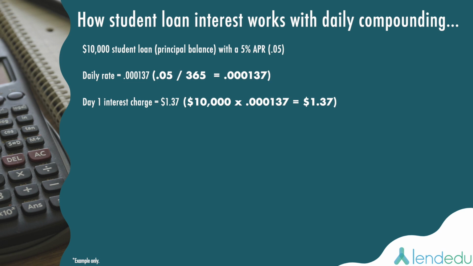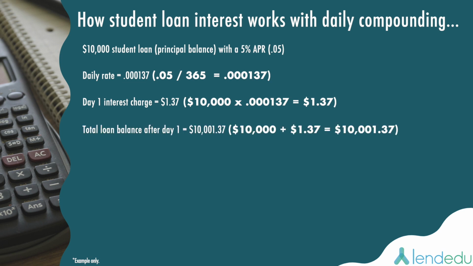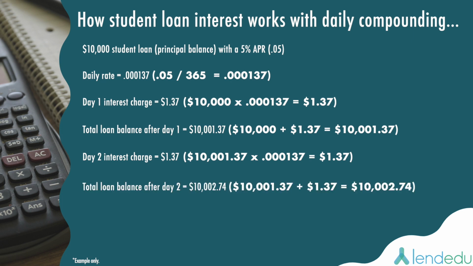So after the first day, your new total student loan balance will be $10,001.37. On the second day, $10,001.37 is multiplied by 0.000137 again because your interest is compounding daily. And once again, your daily interest charge is $1.37, and this is tacked onto the total balance, making it $10,002.74.